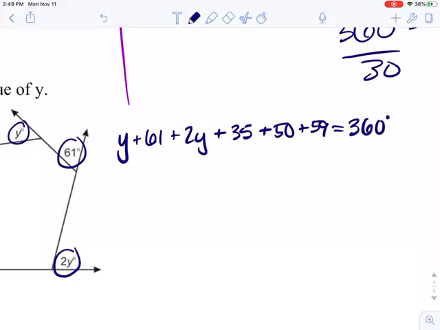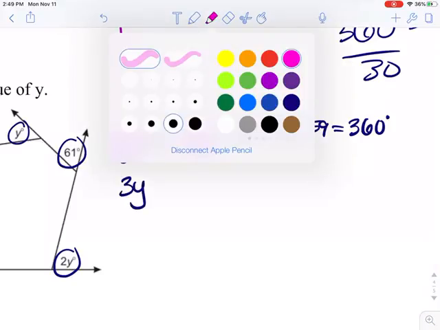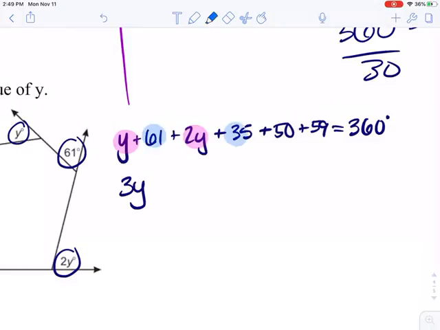So now I will combine like terms. So my first like terms are y and 2y. So y and 2y are 3y. And then I will do something similar for 61, 35, 50, and 59. So I'm going to get out my trusty calculator. 61 plus 35 plus 50 plus 59 makes 205.